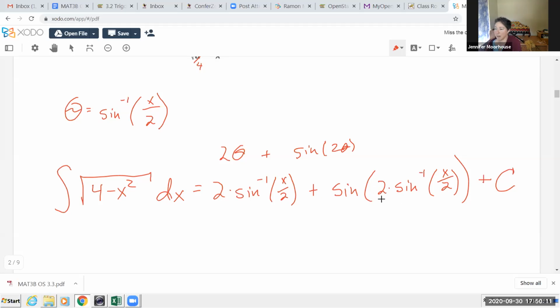Sine of 2 times, oh, it's taxing my memory. I have to remember my trig identities. Sine of 2 theta, I believe, is, so what's sine of 2 theta? I think it's 2 sine theta cos theta.